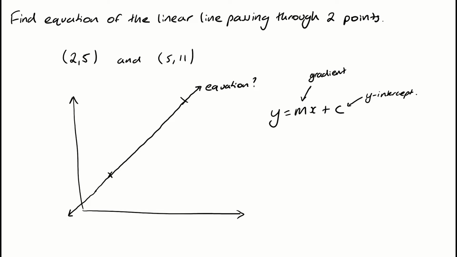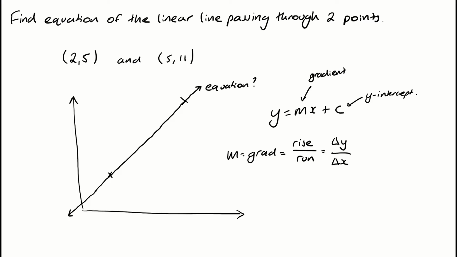So if we start off with the gradient, remember, the m value, which is my gradient, is equal to the rise over the run. Okay, the rise being how much I change in my y-axis, so up and down, and my run being how much I change in my x-axis, my distance left and right. Okay, and those little triangles, they're the Greek symbol delta, which just means a change in.